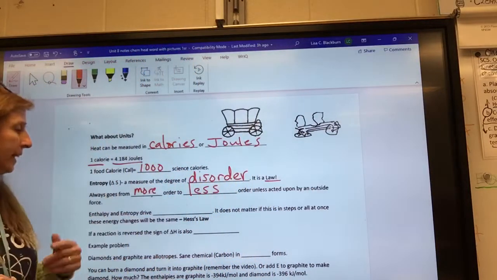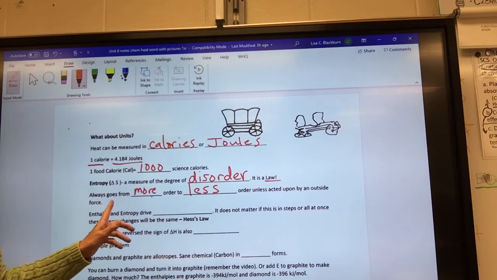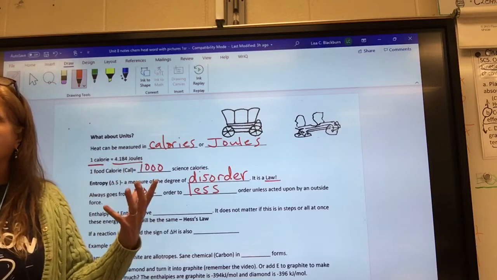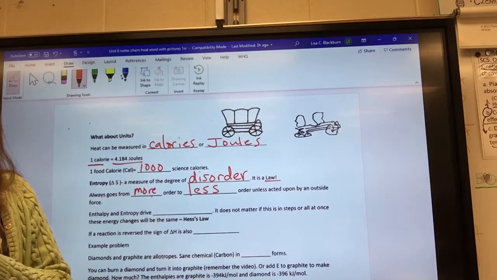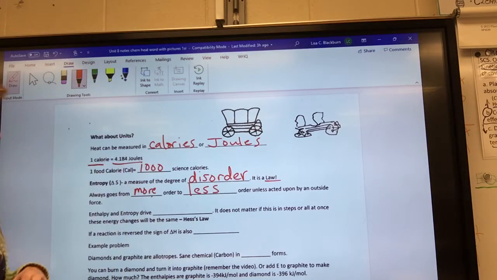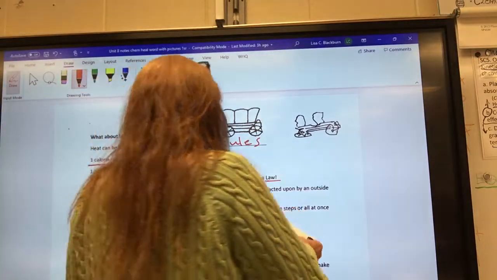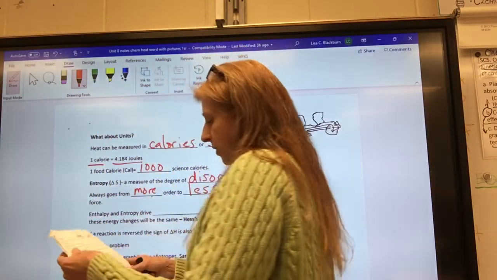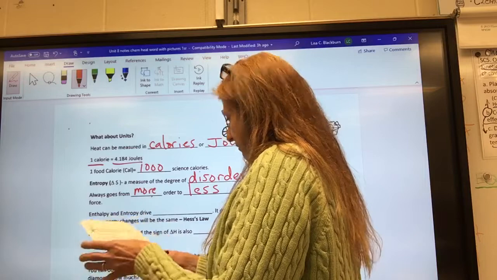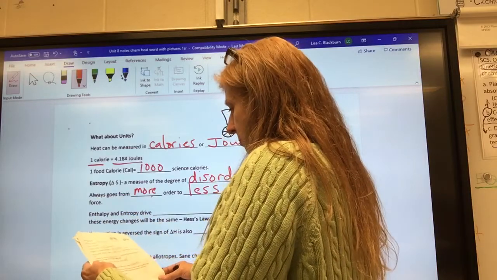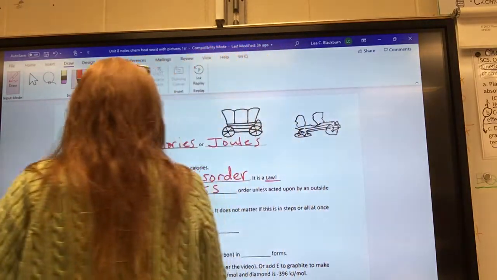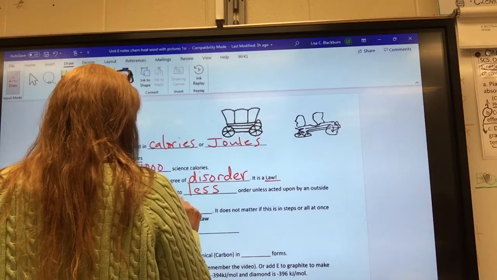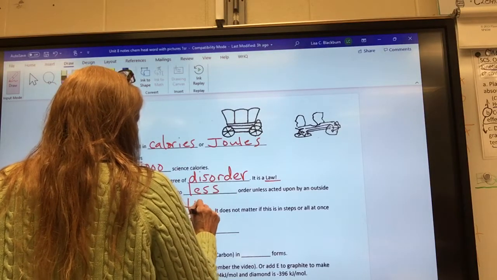Okay, enthalpy and entropy. Enthalpy is heat. Entropy is this huge idea of things moving from order to disorder. This is what drives chemistry. This is the bottom line. Enthalpy and entropy, these two ideas, are what cause chemical reactions to happen. That's why we're talking about this.